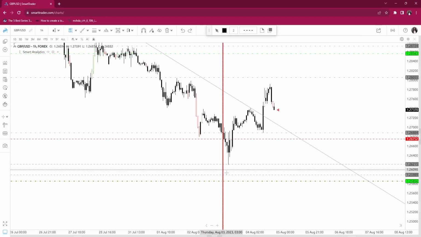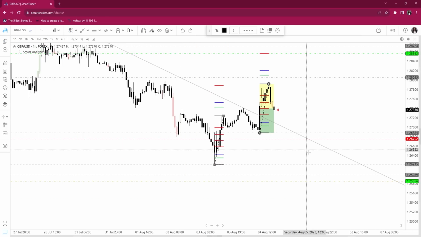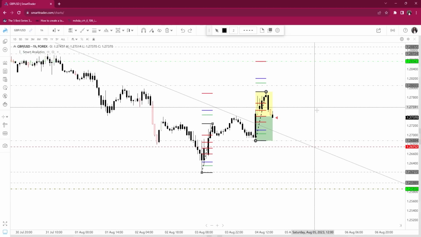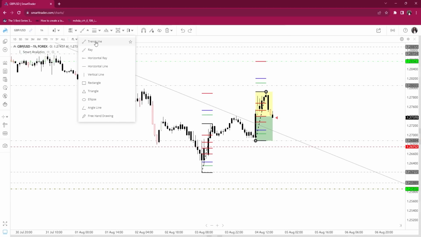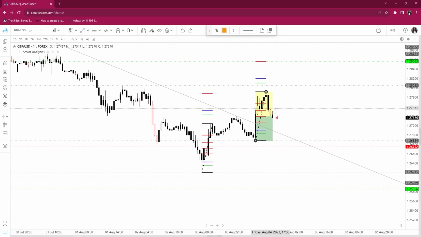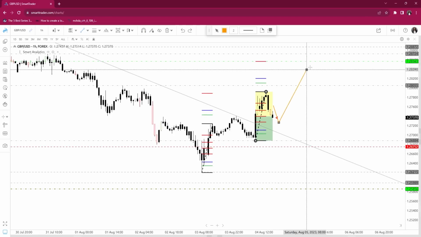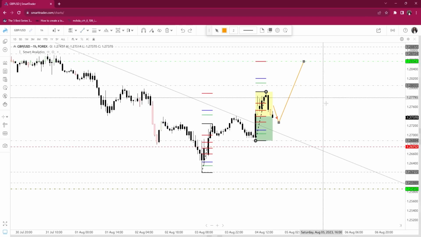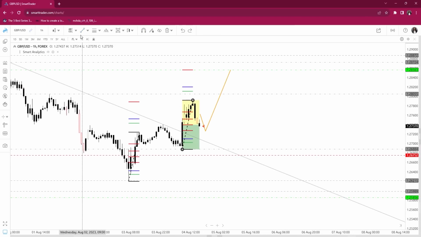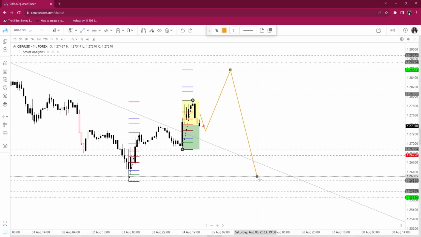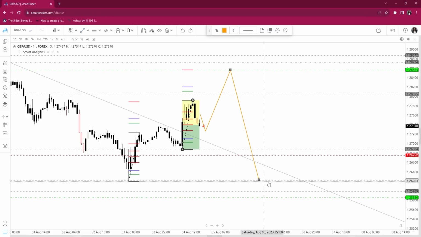Now, I'm going to grab my smart fib. I'm going to click to the upside. And I believe this is the move. What I'm looking for, we may get a swing low here. And then this before we get the continuation to the downside.